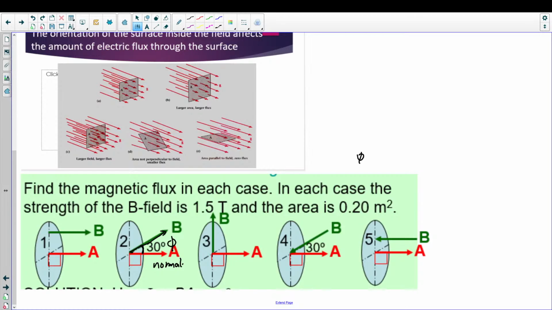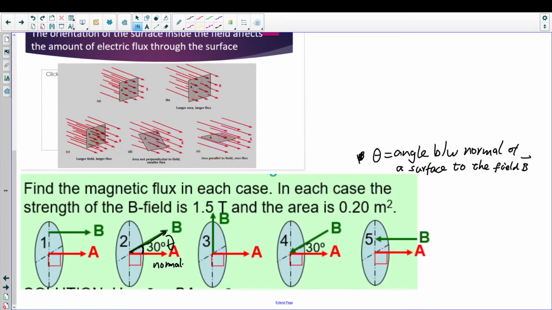Just a quick check on notation. I am pretty sure I have it correct, just in case. Oh, theta, okay. Let's use theta as well. So theta is the angle between the normal to a surface and the field, B, the magnetic field.